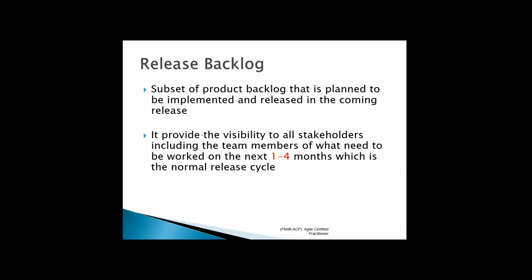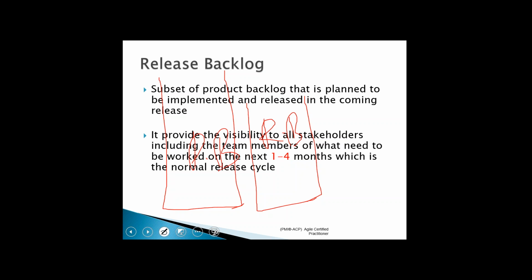Then we have our release backlog. Think about release backlog as a subset of your product backlog. Then you have the iteration backlog, which is again a subset of your release backlog. Release backlog is a subset of your product backlog, right?